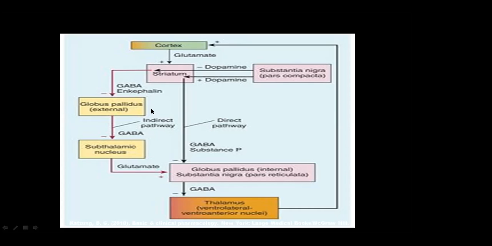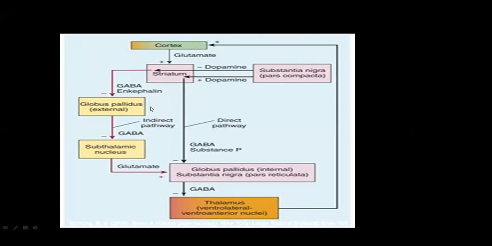And for the indirect pathway, as you can see, it is called indirect because it will have to go through different structures of the basal ganglia, the globus pallidus, the subthalamic nucleus, and then goes to the output structure of the basal ganglia. Remember that the indirect pathway uses glutamate neurotransmitter, and the net effect of this pathway is it produces an inhibitory output projection to the cortex.